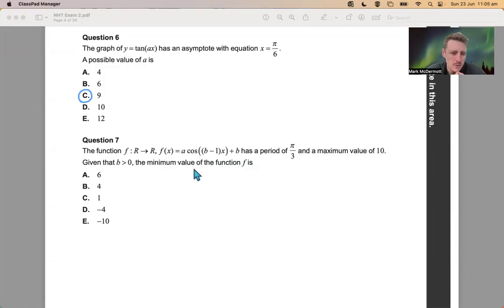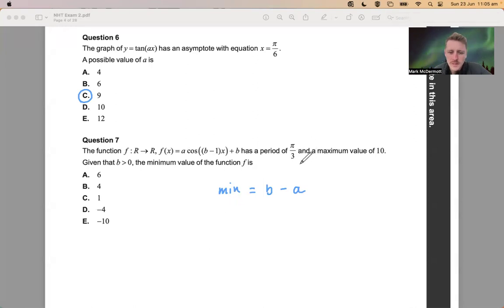Given that b is positive, the minimum value of the function is... Okay, remember that the minimum value of the function will be equal to the vertical shift, or your average line, or your mean line, minus your amplitude. So b minus a is the minimum, but we've got to work out what that is.